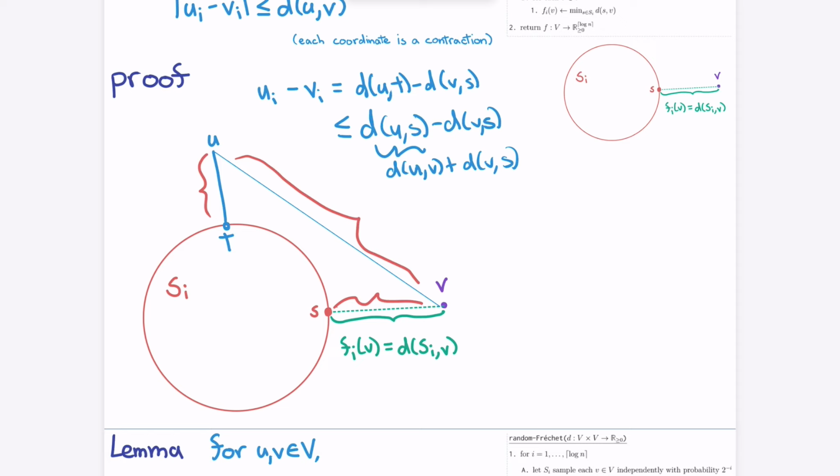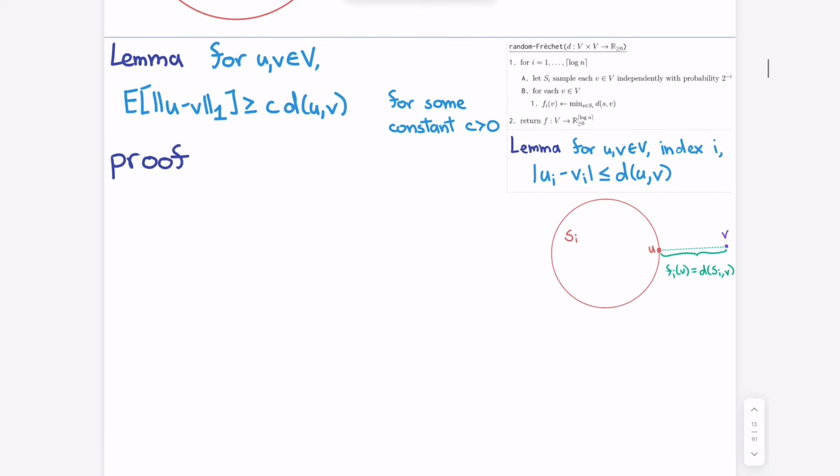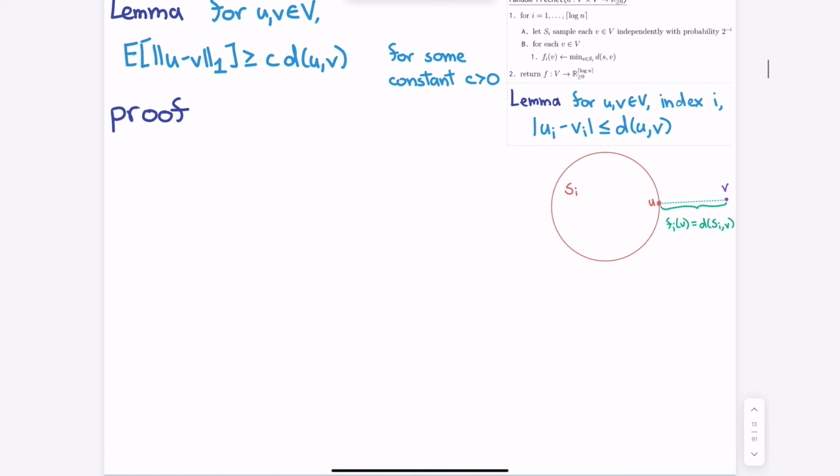All right, so every coordinate is a contraction when we do these Frechet embeddings. Frechet is a person, for context, from a long time ago. The more interesting part is trying to show that in expectation we get at least a constant fraction of the distance with all the coordinates added up.